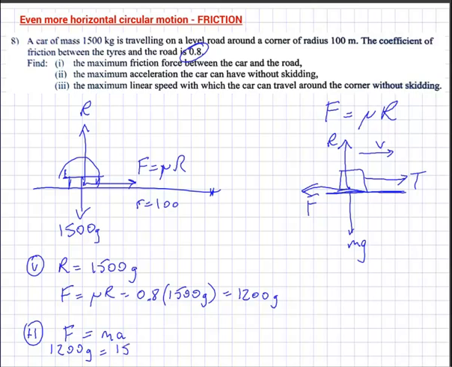The mass is 1500, and multiplying that by acceleration is equal to the force. So F equals ma. If we rearrange that, we end up with 1200 g divided by 1500, and we get an answer of 4/5 of gravity, being the acceleration that's occurring when it's making that turn.